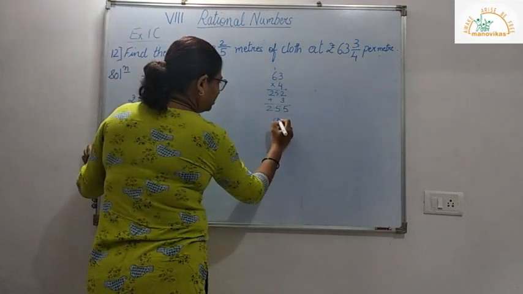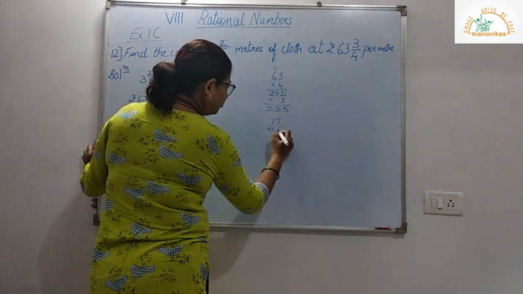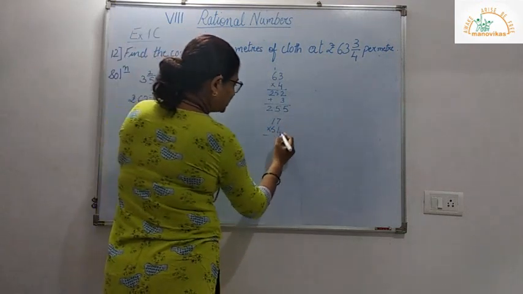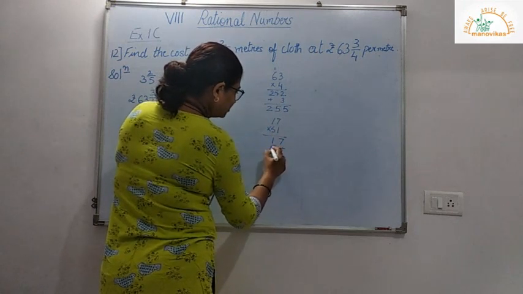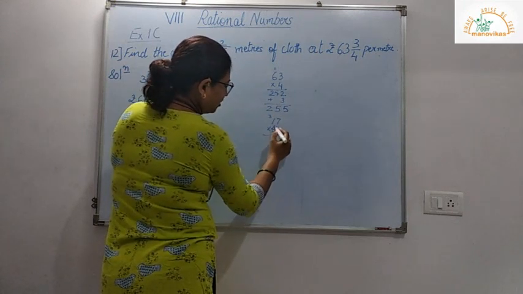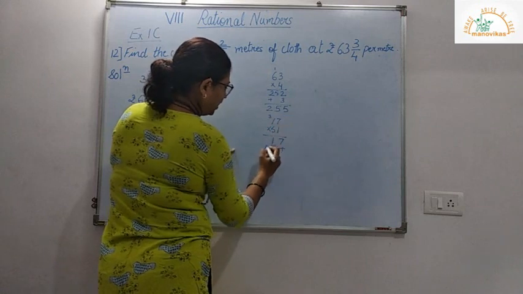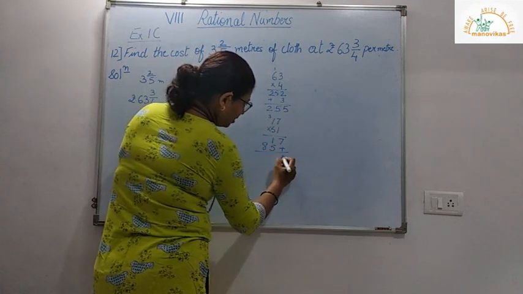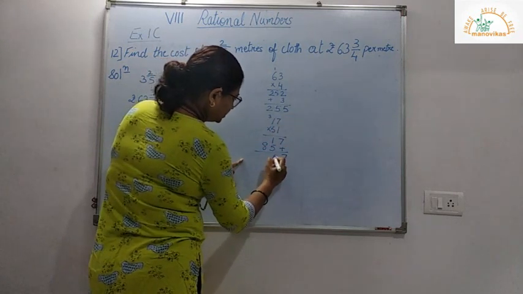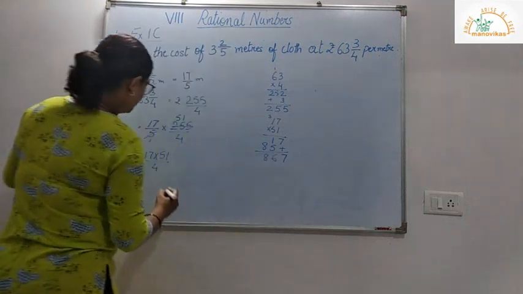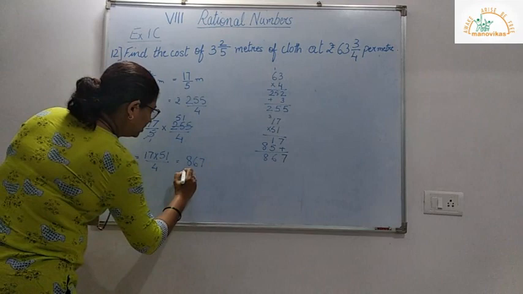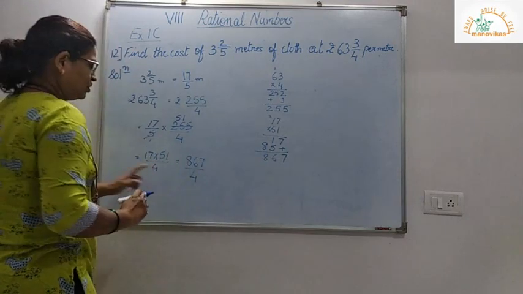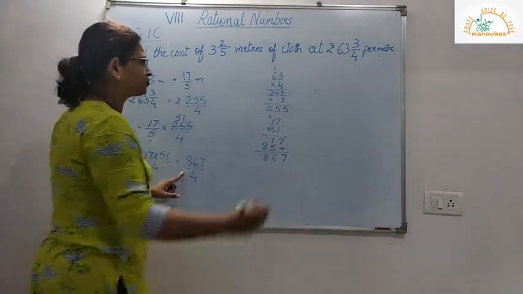Now 17 into 51: 1 7s are 7, 1 1s are 1 plus 7 5s are 35, carry 3, 5 1s are 5, 8. So my answer here is 867 divided by 4.